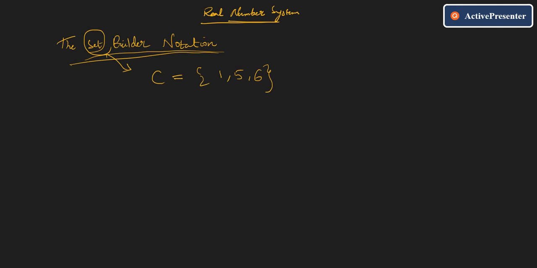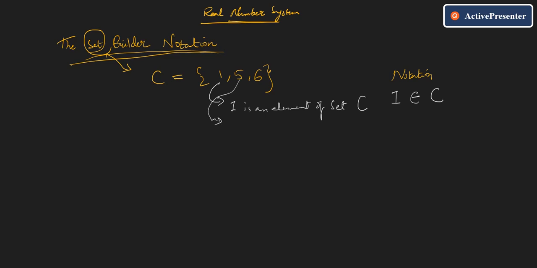So 1 is an element of the set C. The notation for that is as follows: 1 is an element of C.